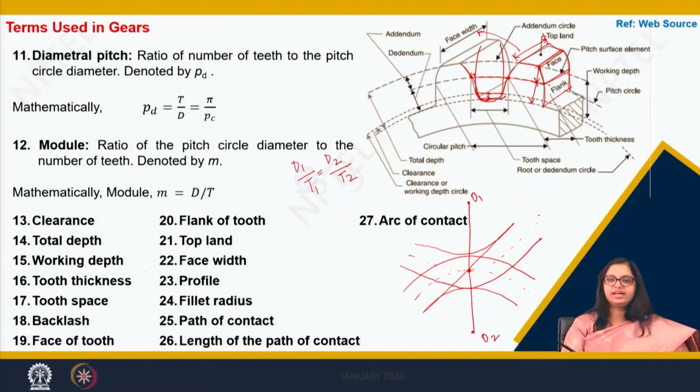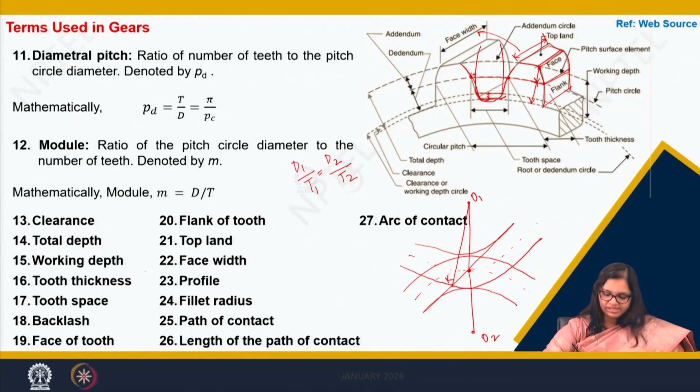But where exactly is the point? It is the point on this line where the addendum circle of the other wheel intersects. Let us denote it as K. So this is the point where the two gears start meshing.